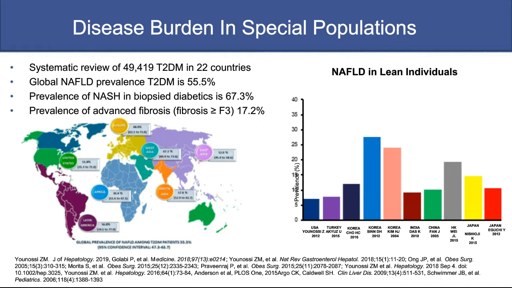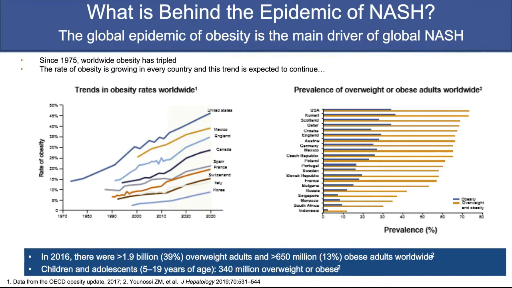What's behind the epidemic of NASH and NAFLD? And of course, this has to do with the prevalence or epidemic of obesity worldwide. In 2016, about 2 billion people worldwide were overweight or obese. And about 340 million children were overweight or obese worldwide, which is quite a large number.